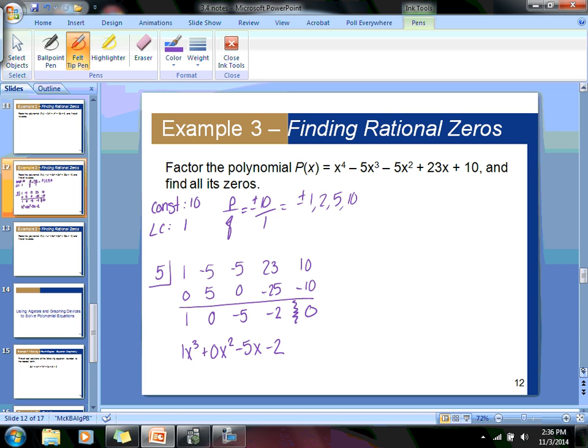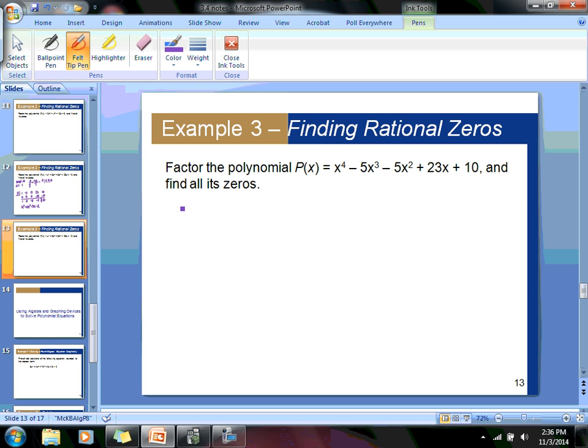And I think I have an extra slide here to show work. Yeah. So let me rewrite this. I have x to the third plus a 0x squared minus 5x minus 2. So my constant term is the 2. My leading coefficient is the 1. So I basically need all the factors of 2 over 1. So that's going to be plus or minus 1 and plus or minus 2.